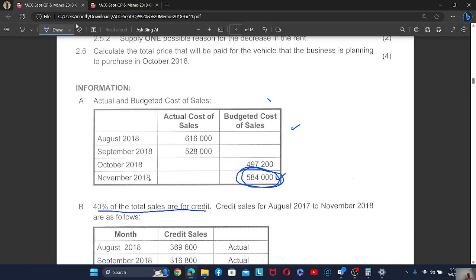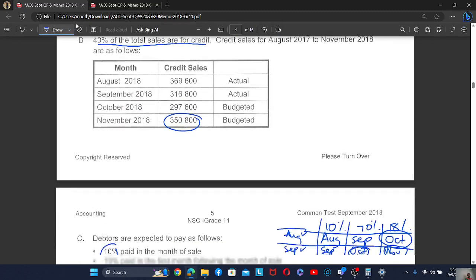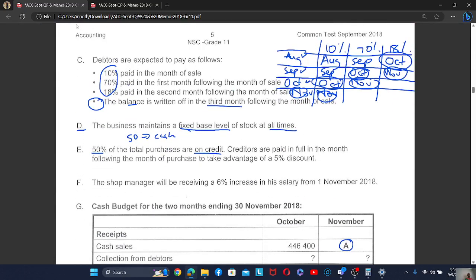Are you getting it? Yes, I get it. Okay, good. But they also said something here. They said that creditors are paid in full in the month following the month of purchase to take advantage of a 5% discount. Now, what does this mean? It means they pay 5% less.